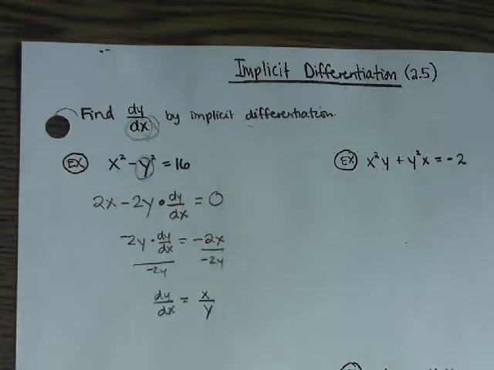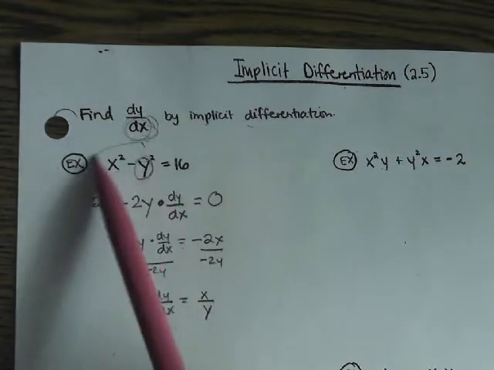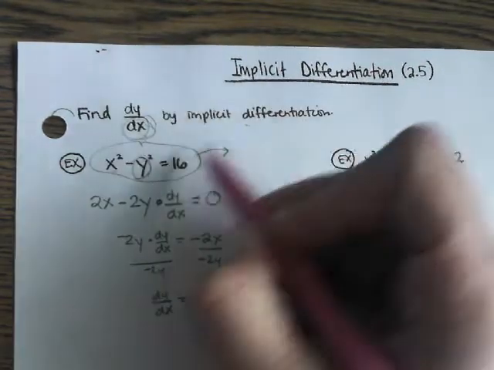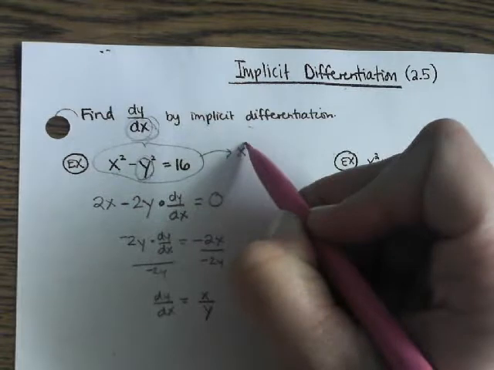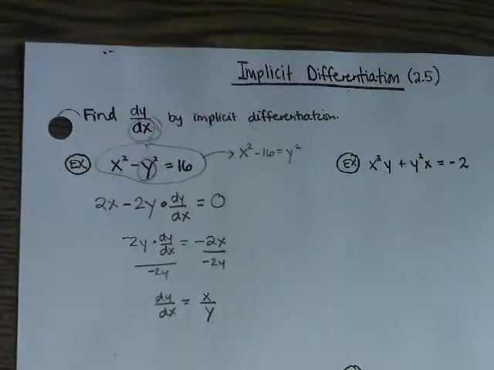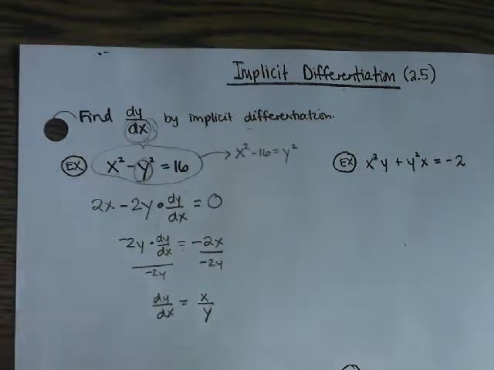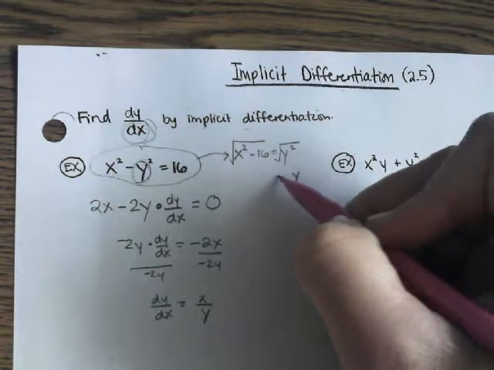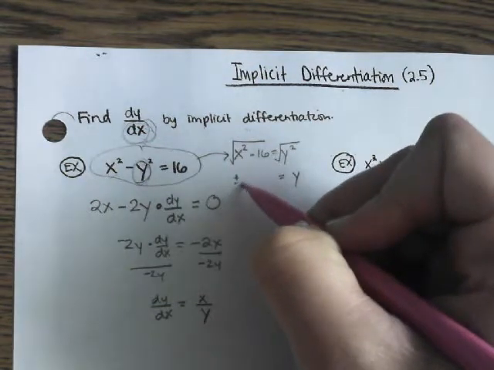So if we want to type this into the calculator to take a look at this function, we actually first would have to solve for y. So I would add y squared over and subtract the 16 over. I just did two things at once there. And then I would have to take the square root of both sides. So y would equal plus or minus the square root of x squared minus 16.